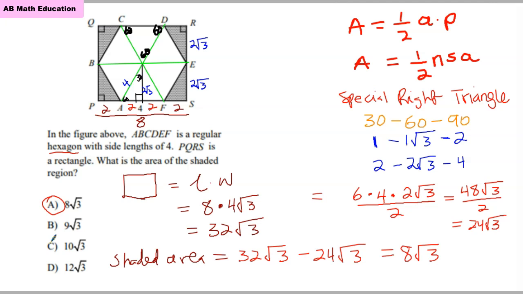There are so many ways that we could have solved this, using the trig ratio. We could have also calculated the area of the triangles, added them up, then taken it away from the bigger rectangle. I decided to go ahead and find the area of the polygon, which is a shorter way. But you can go ahead and try it on your own by finding the area of the triangles, and you will see that you get the same answer.